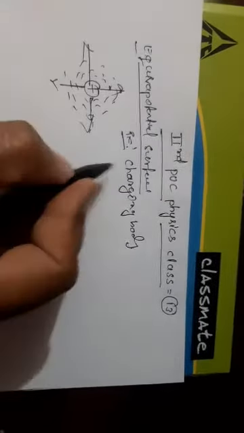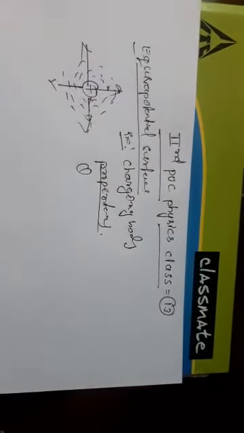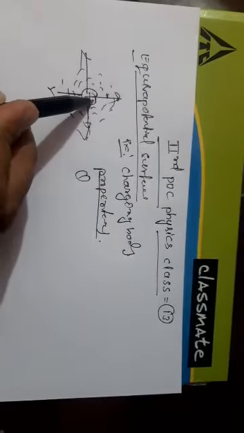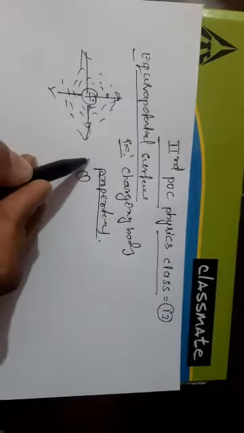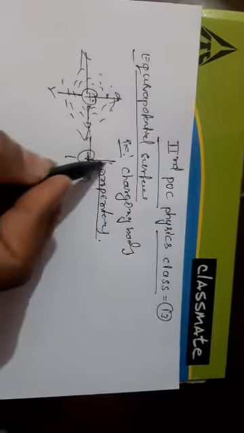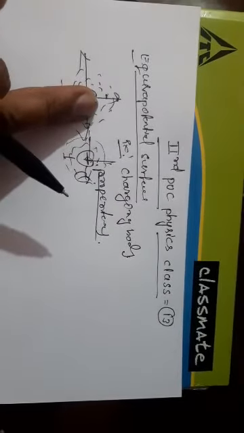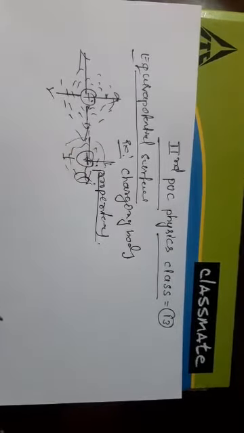And what are the properties of equipotential surfaces? Here is one equipotential surface, with a negative charge inside it. Draw the electric field lines. This is one equipotential surface, and this is one more equipotential surface.